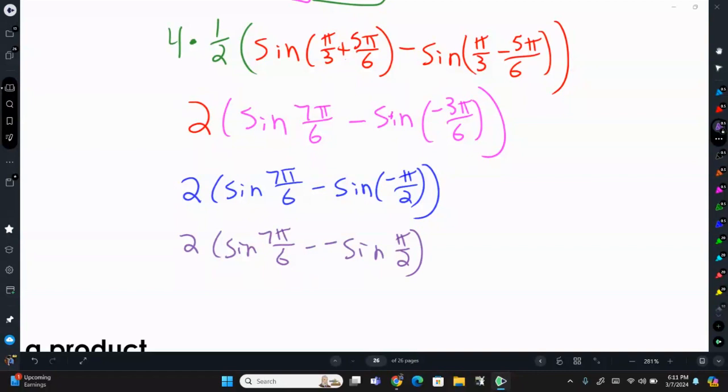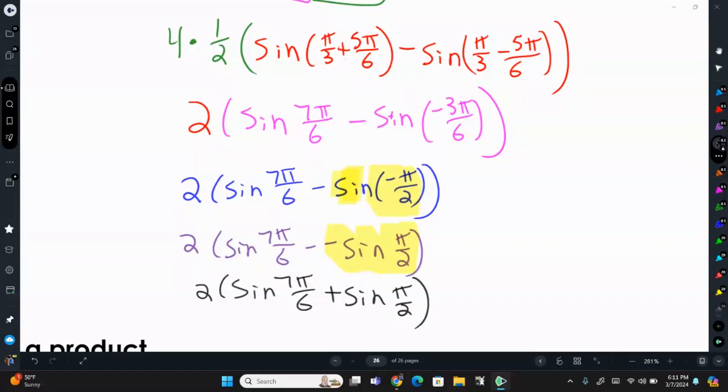Because, again, we used the even and odd functions where this part right here is equal to that, but we already have a negative out in front. So it's going to be 2 times the sine of 7 pi over 6 plus sine of pi over 2. And if we were asked to evaluate that, we could, because those are angles on the unit circle, but we're not, so we're just asked to rewrite it.